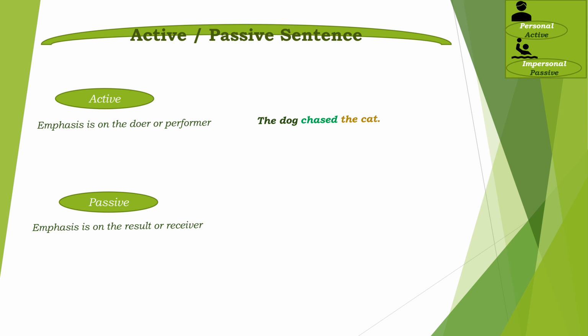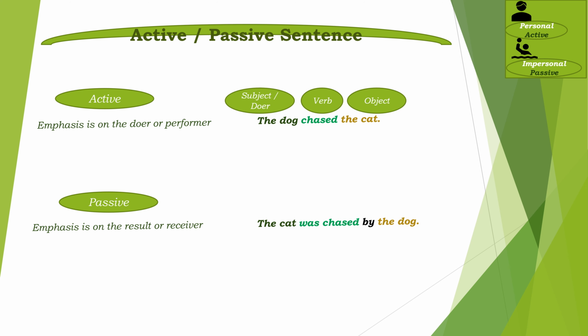The dog chased the cat. The dog is the subject, the doer, who is performing the action of chasing the cat. Chased is a verb. The cat is an object who is receiving an action of chasing by the dog.